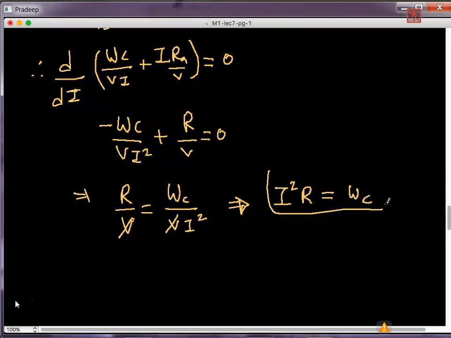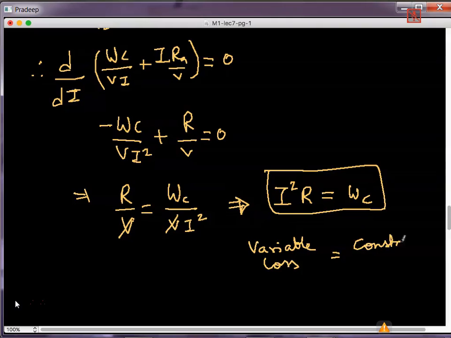So this is nothing but variable loss must be equal to constant loss.